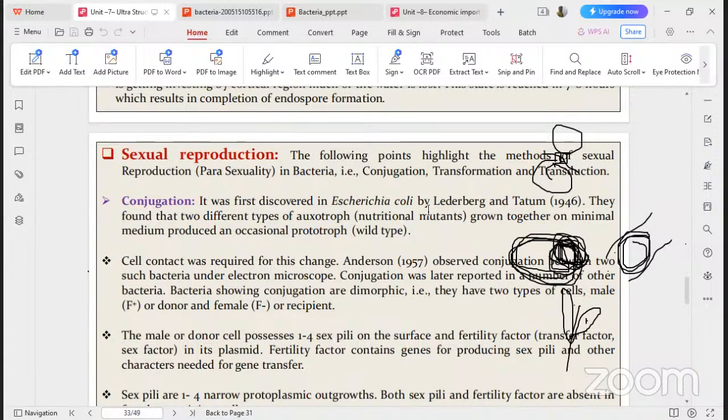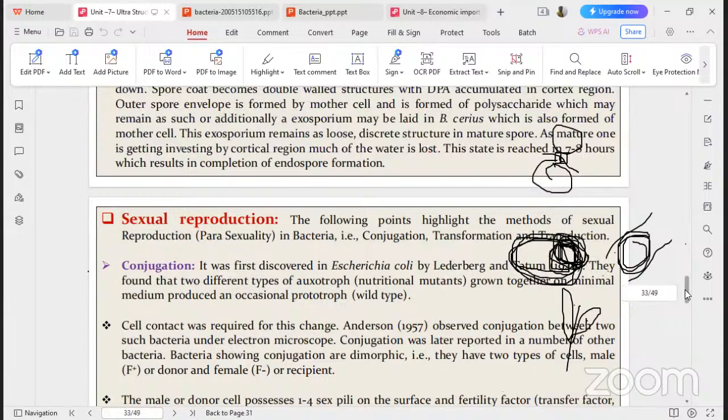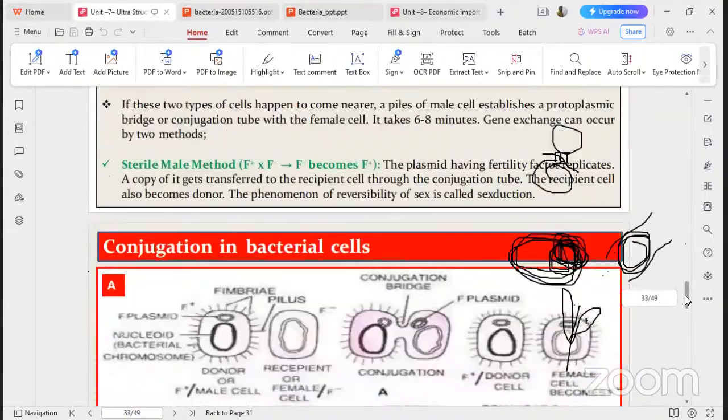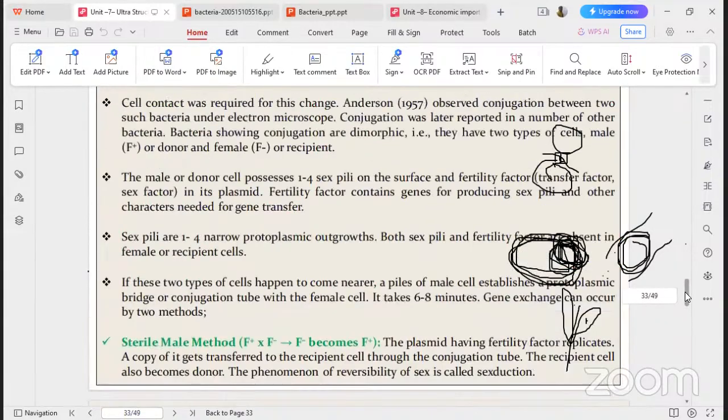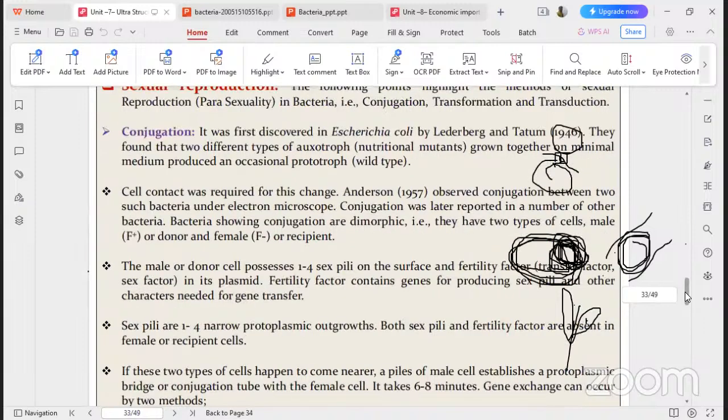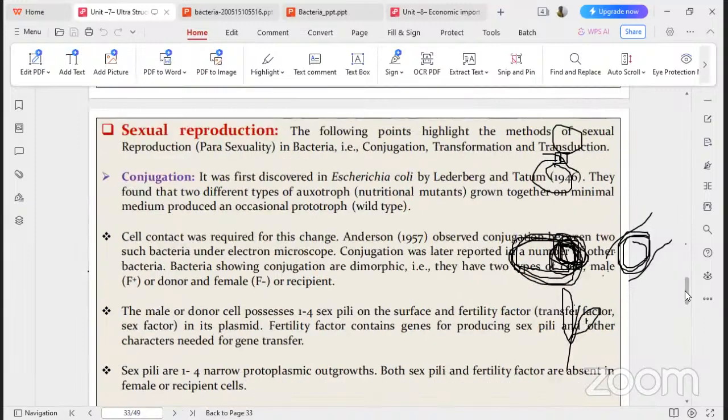In genetic material exchange, conjugation occurs with the sex pili, which we have studied. Conjugation was first observed in E. coli, Escherichia coli, by Lederberg and Tatum.